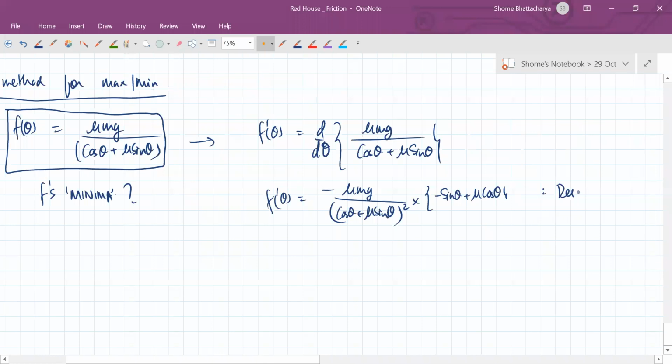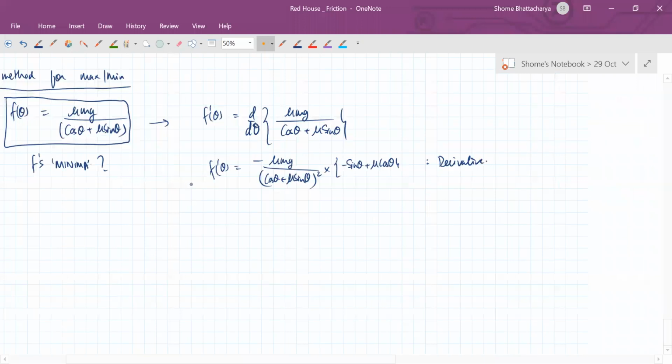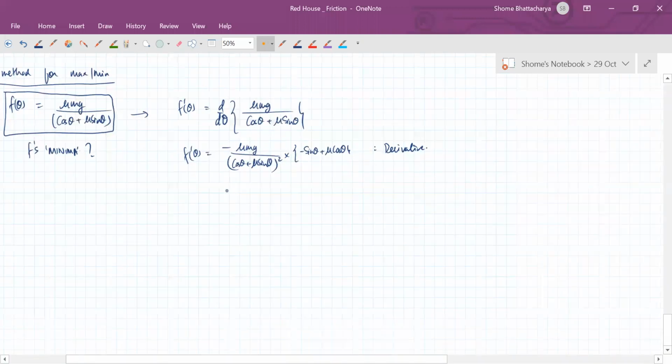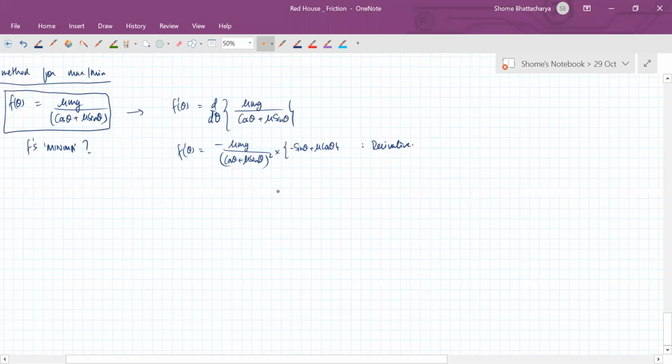Now you apply the test for minima. That is what we mean by local minima of the function.